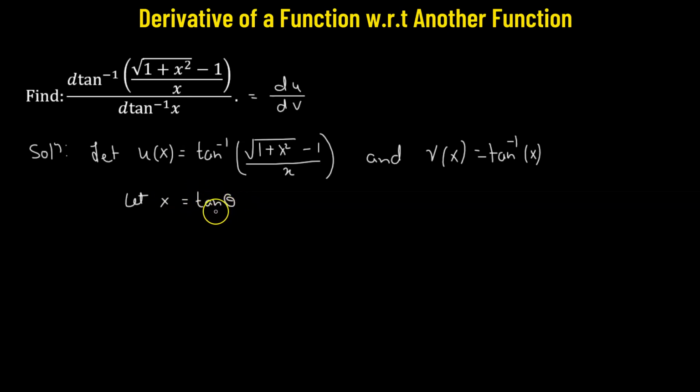If we take x to be equal to tangent of theta, then we will have inverse tangent of square root of 1 plus tangent squared theta, minus 1, divided by tangent of theta. All we have done is replace the value of x with tangent of theta.